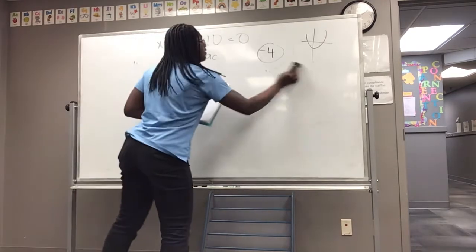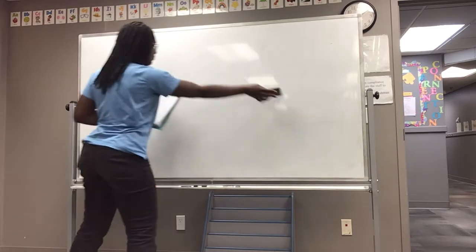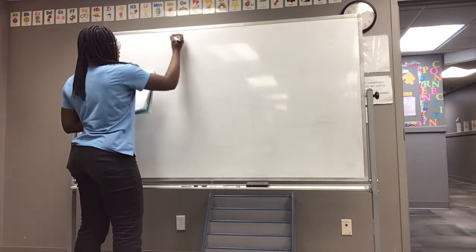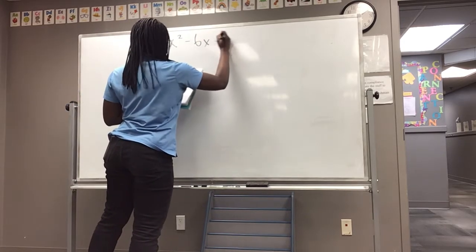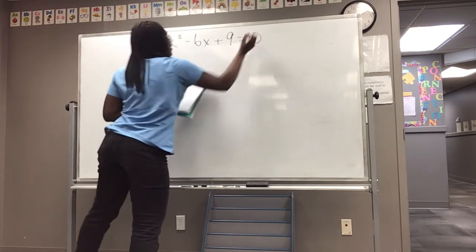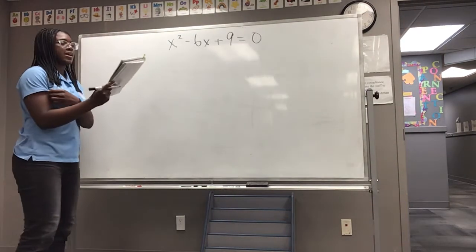Okay, let's try another one. Let's say our quadratic equation is x squared minus 6x plus 9. Find the discriminant and then tell me the type of solutions.